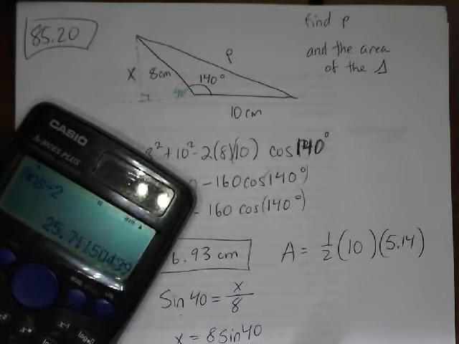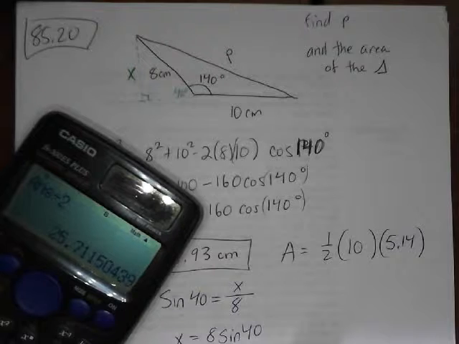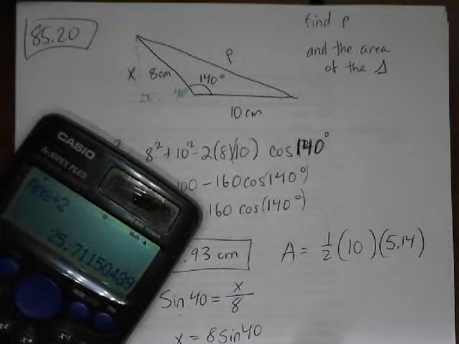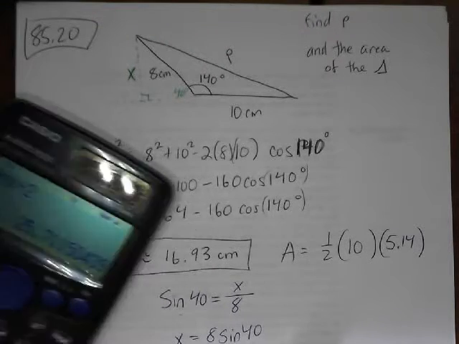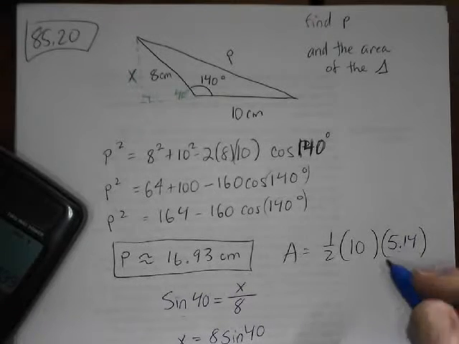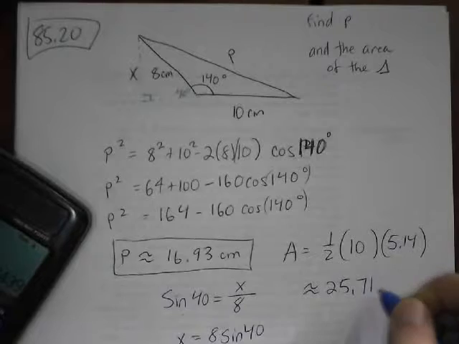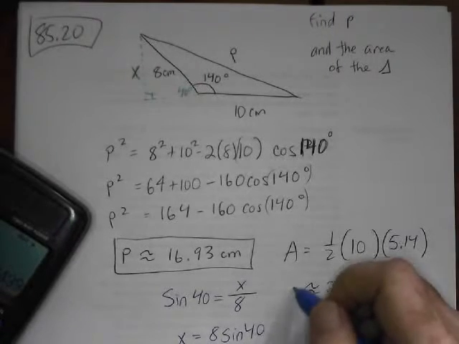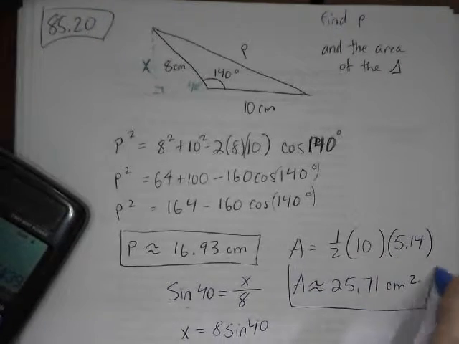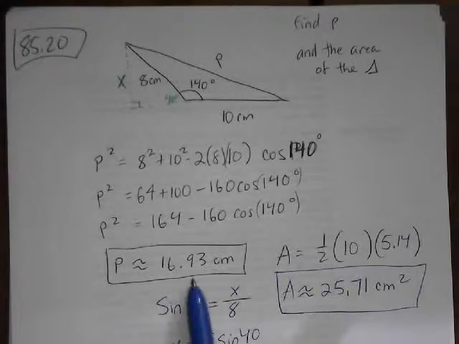And I got 25.71 is how we're going to round it. And those are centimeters squared. That's the area of the triangle. Okay, so there are our two things that they've asked us for.